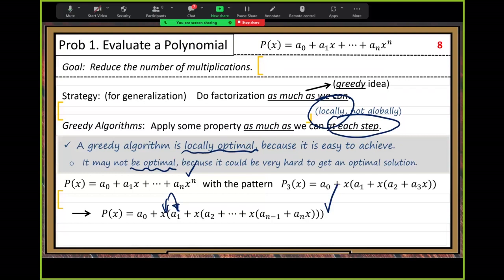The second multiplication, from the second pair of parentheses, corresponds to the subscript 2 in the A2 coefficient, and so on. The last multiplication corresponds to the subscript of the coefficient an. So it's a one-to-one correspondence, right?